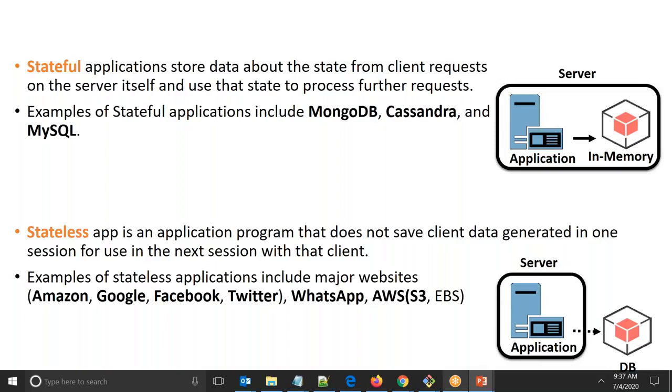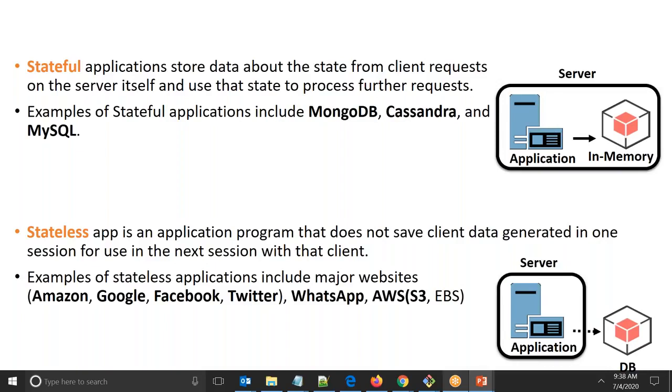So let's see the stateless application. If you have an application, and for that application it needs some data that it is going to store, and if that data is available outside or on a different machine and not on the same machine where your application is running, then it is called a stateless application.